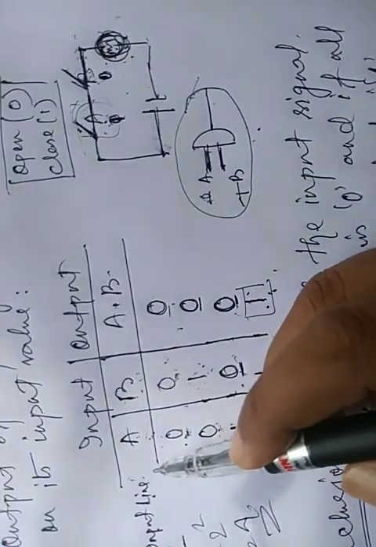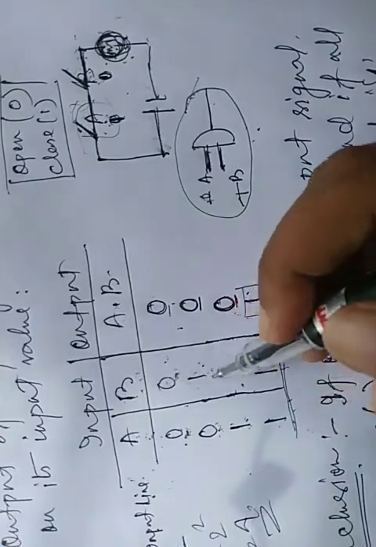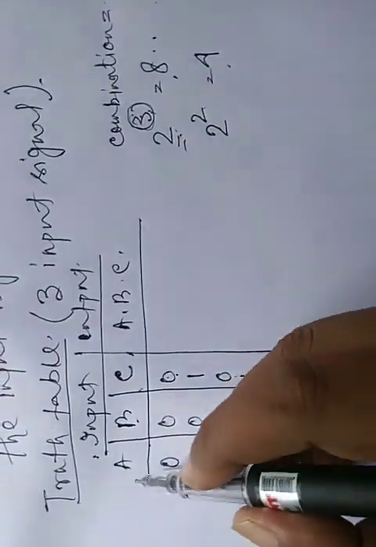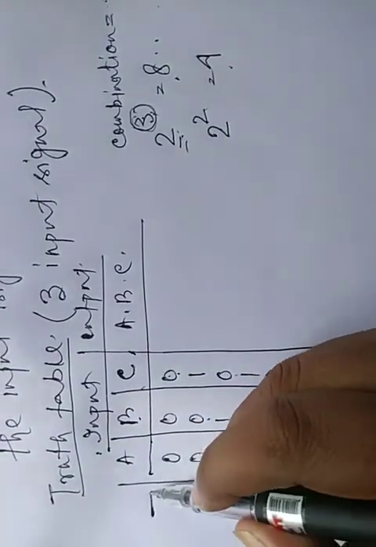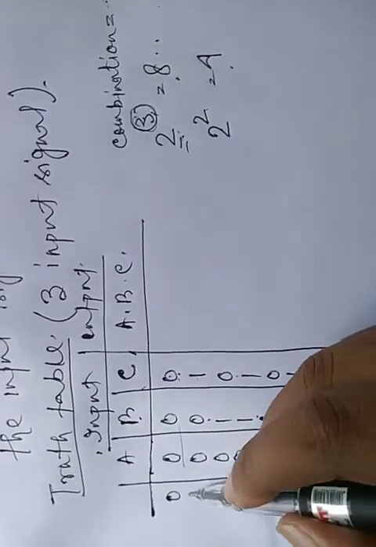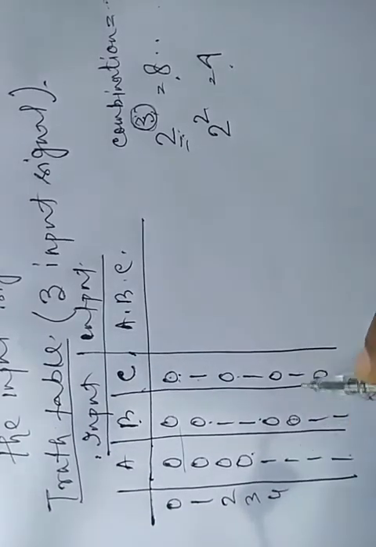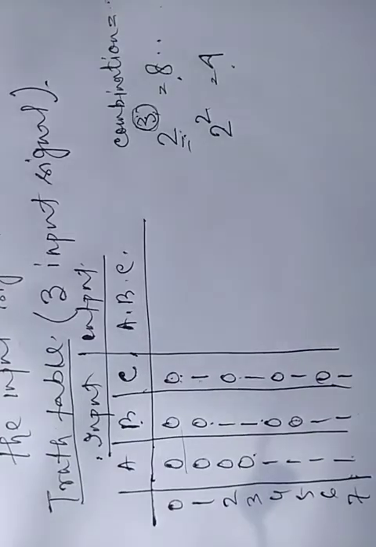If we get another input, we have to write it the same way. Again, you have already learned the binary number table. These are the values of 0, 1, 2, 3, 4, 5, 6, and 7.